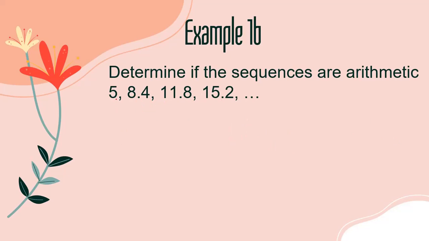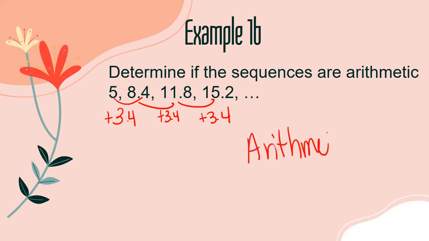So 5 to 8.4, that's weird. 3.4, right? That's how much we'd be adding. We add 3.4 there. That's nice to see. Oh, another 3.4. So this one is arithmetic, because we're adding by a constant amount each time.